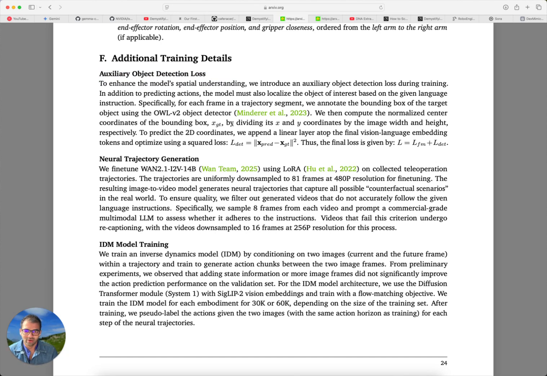This has been done in computer vision for some time. The first time I heard about it was in the first fast.ai lecture from Jeremy Howard. I think he was trying to do fish classification and was predicting the bounding boxes for the fish, basically to help it understand where to focus in the image for fish classification.